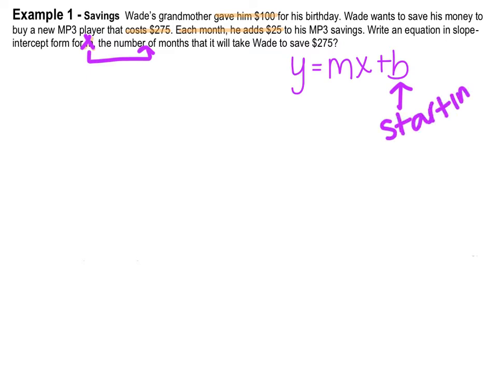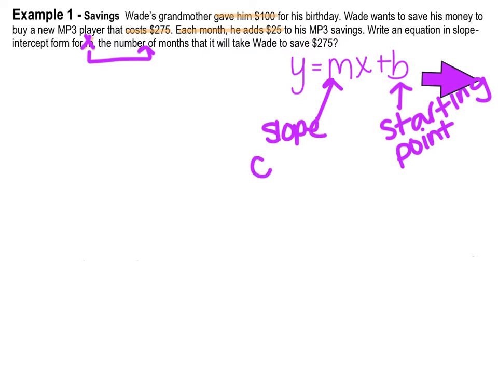So b is your starting point. M, or slope, is also your change. So your slope or your change is that m right there.